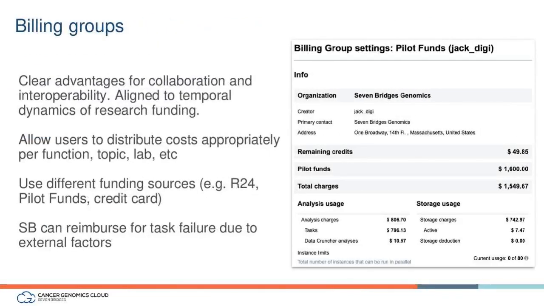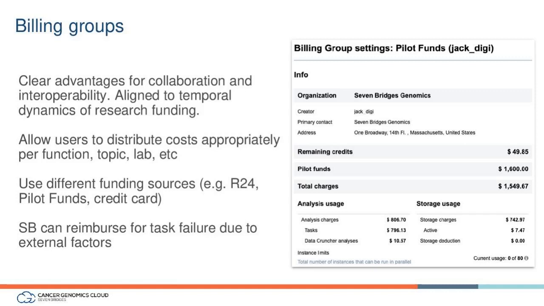But let's consider the billing group. So everyone will have a pilot funds billing group that you can use for testing. But if you decide to apply for collaborative funds, that would be a new billing group. And you can also belong to other billing groups for your collaborators. So the point is, you do not need to bring in a new Google account that's attached to a credit card or Amazon account, because that's already built into the Cancer Genomics Cloud.